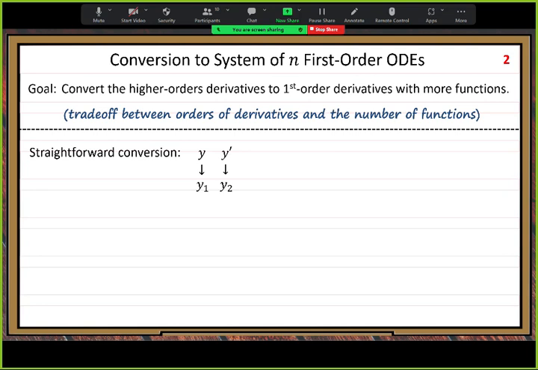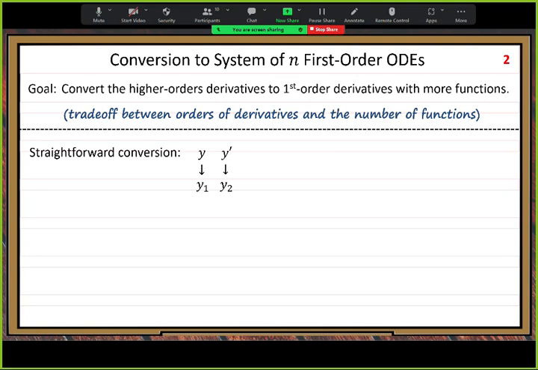Here you see y1 and y2, two different functions, but we know y and y prime are correlated. Don't worry, we will address the correlation using first order linear ODEs. So we won't lose the correlation.